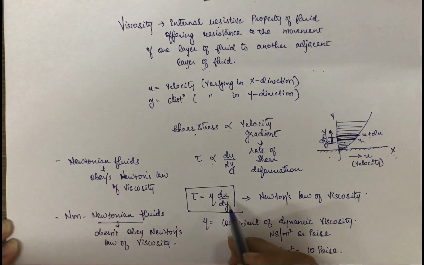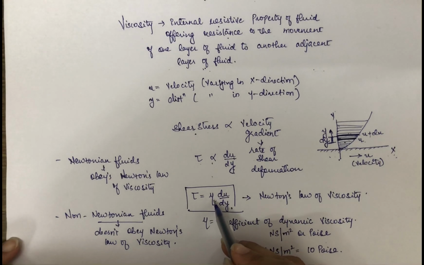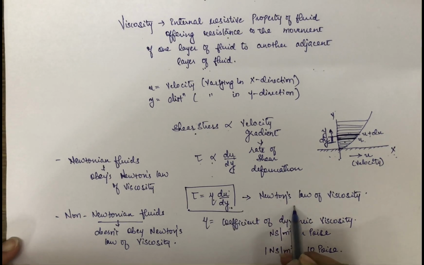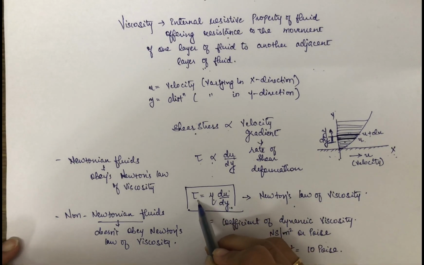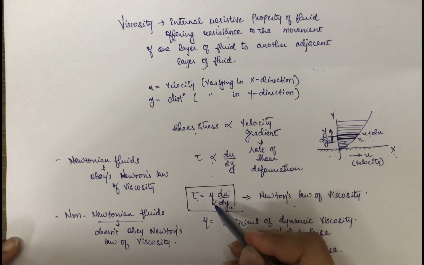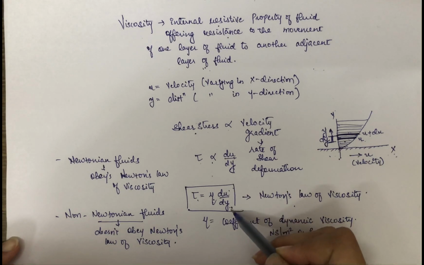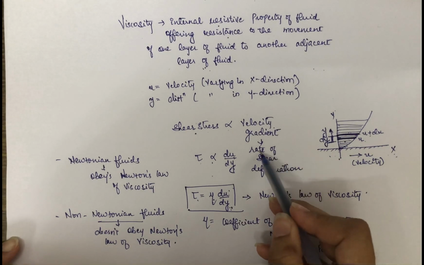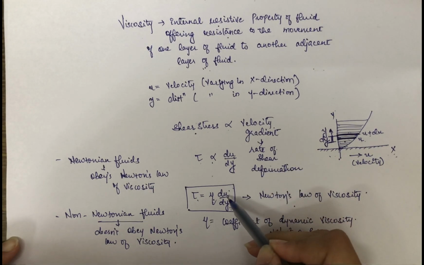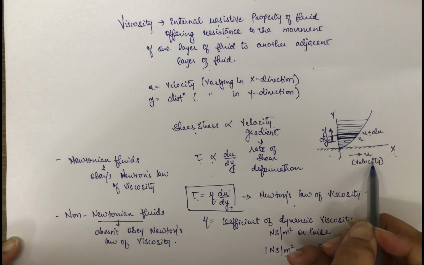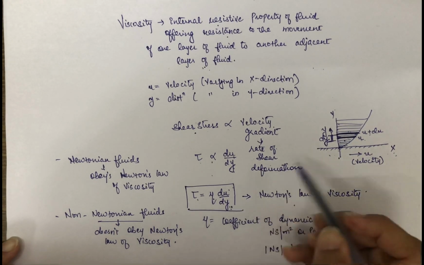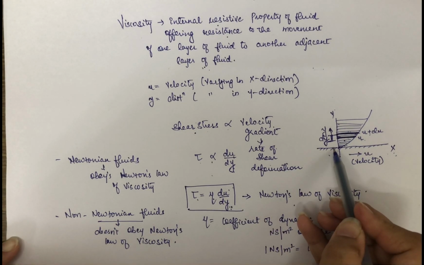So the equation tau equals mu du by dy is known as Newton's law of viscosity, where tau is the shear stress, mu is the coefficient of dynamic viscosity, and du by dy is the velocity gradient or rate of shear deformation, where du is the rate of change of velocity in the x direction and dy is the rate of change of distance in the y direction.